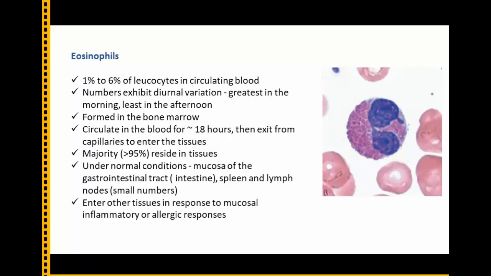They enter other tissues in response to inflammatory or allergic responses. In allergies, the eosinophil count will go up.